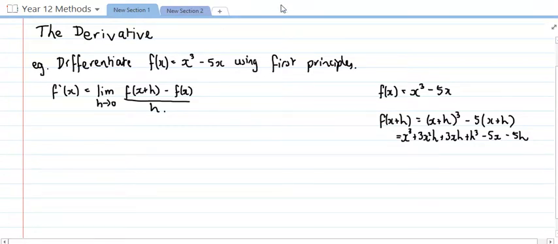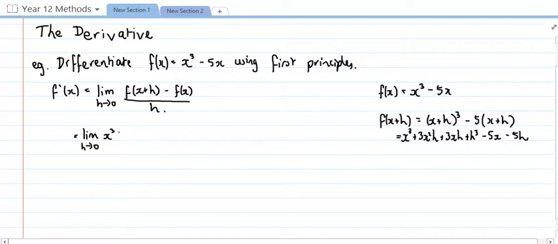So what I'm going to do is take these equations and sub them back into the rule over here. So that is the limit as h approaches 0 of, now f of x plus h is all of that mess.